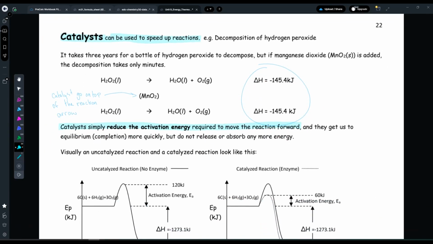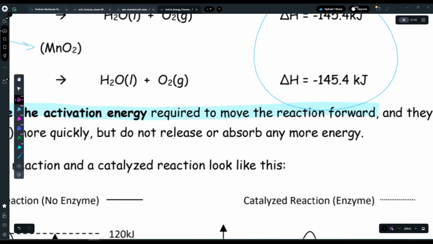Because catalysts speed up the reaction, it also causes the reaction to reach equilibrium more quickly. Equilibrium is a topic that we'll get into in a different unit. But once again, catalysts do not release or absorb any more energy. That's saying it's not going to change the change in enthalpy.